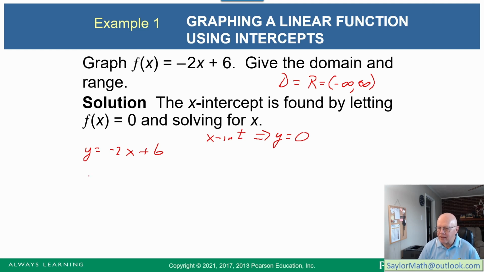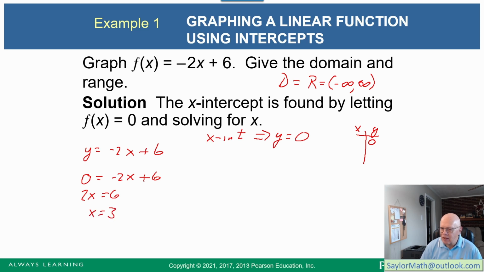So we're going to put 0 in for y, and we'll find out what x goes along with it. This is going to give us an ordered pair. The way I'd like to do it is add 2x to both sides. 2x equals 6. Divide both sides by 2, and there's the number that goes along with it. Y is 0. So there is the x-intercept.